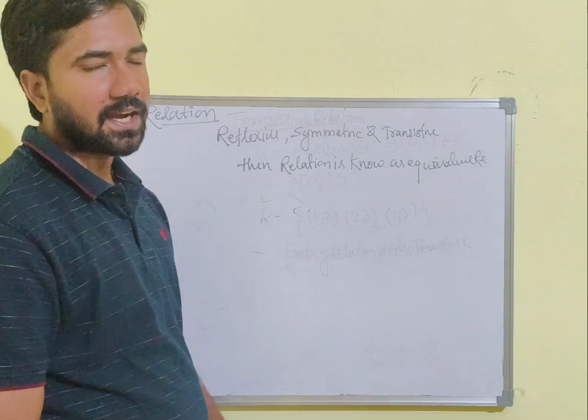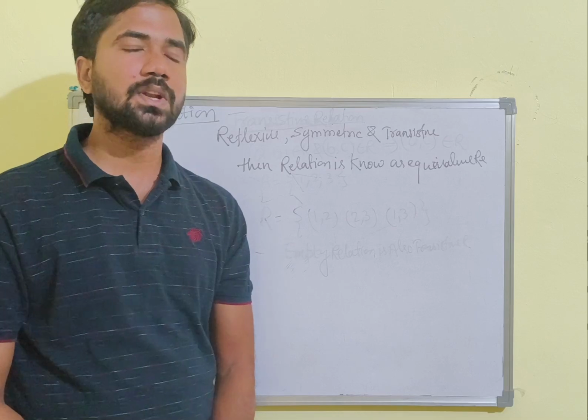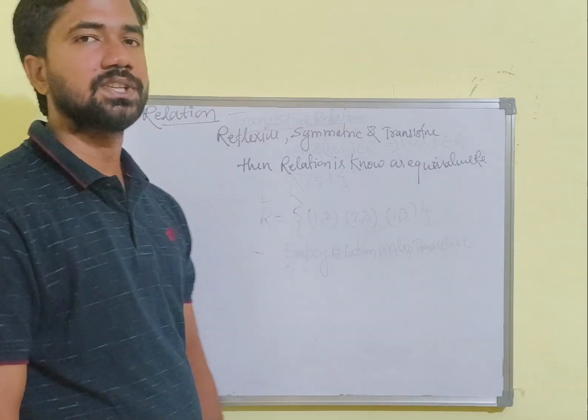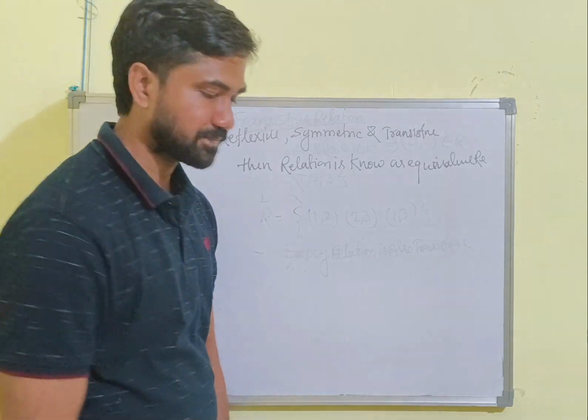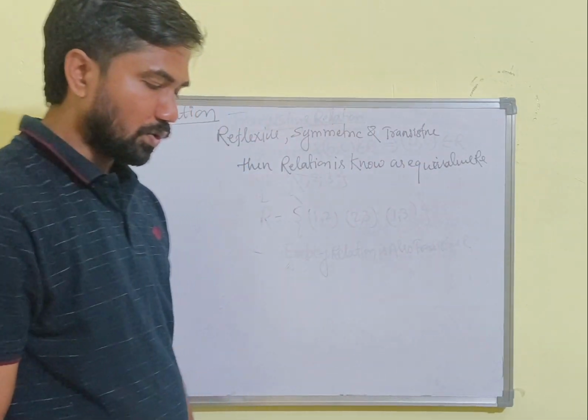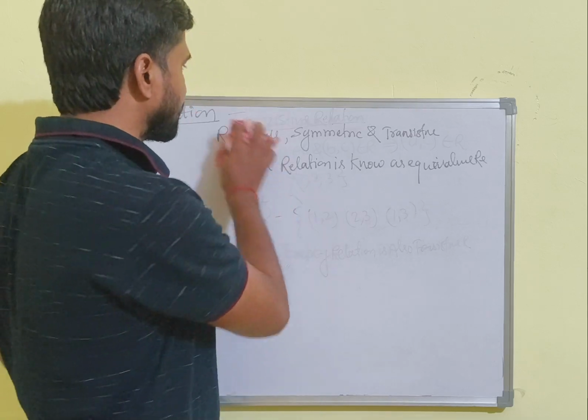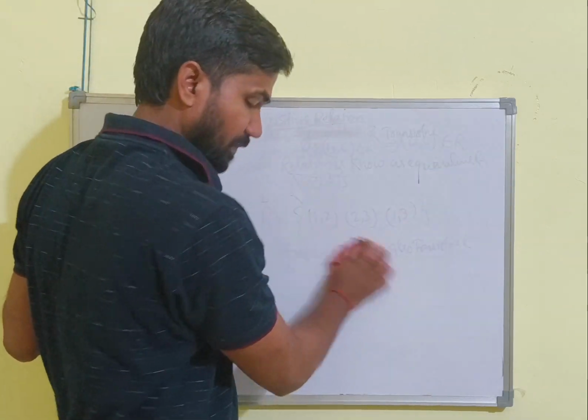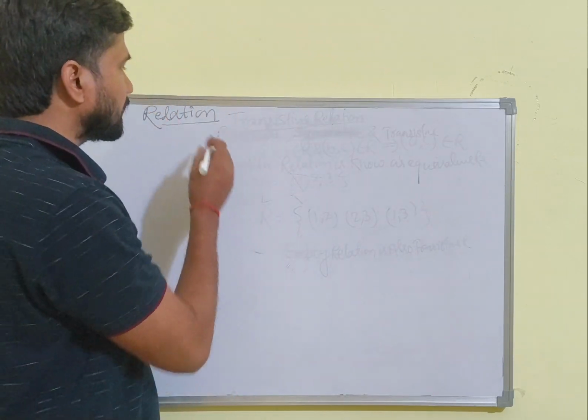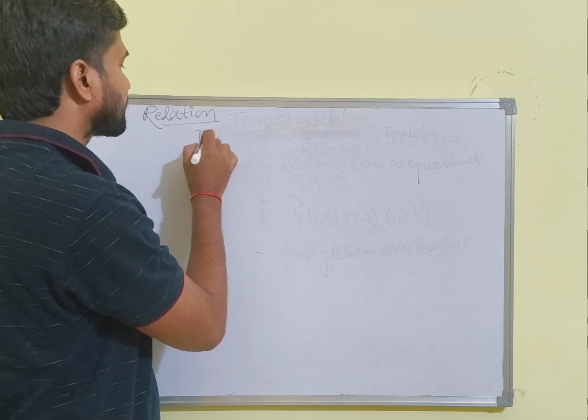Now we have seen all these three types of relation. So let's see some previous year JEE question based on this topic. So we are going to check this 2025 January session. There is one question. What does it say? One relation is defined.